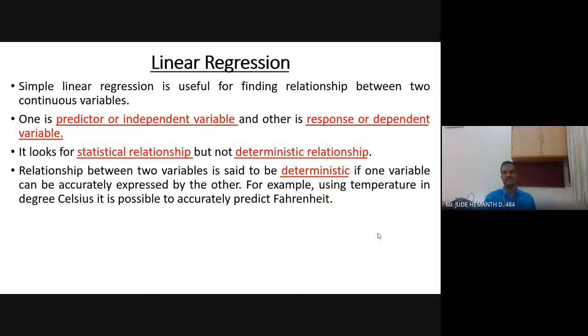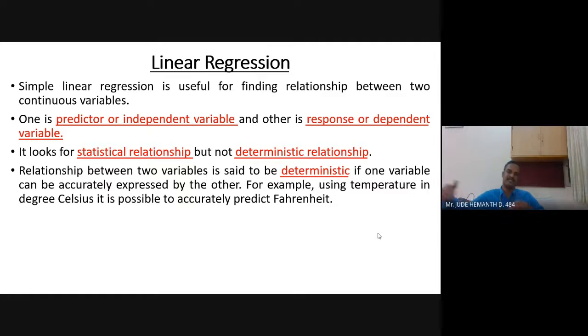A relationship between two variables is said to be deterministic if one variable can be accurately expressed by the other. Right? Deterministic means accuracy. For example, temperature in degrees Celsius, it is possible to accurately predict in Fahrenheit. No other values will be there. If it is 33 degrees Celsius, it may be 90 degrees Fahrenheit. Right?